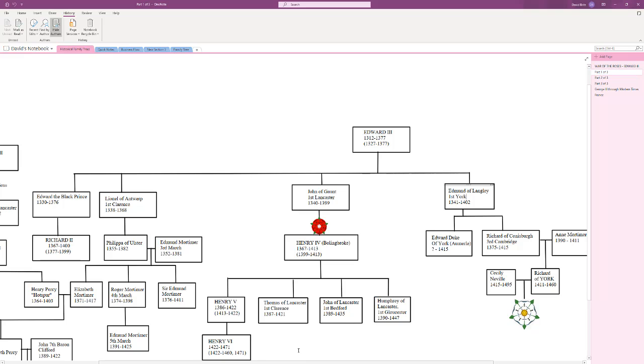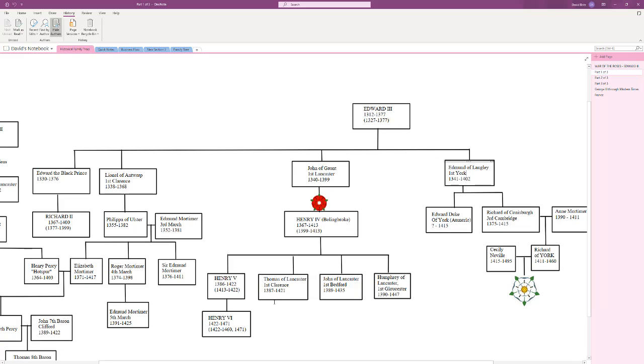Just go a little further down the family tree here. Henry IV has 4 sons, who we'll see later. Well, we'll see them in the Henry IV plays. Henry V, he's Prince Hal, is the Harry, Prince of Wales, in the Henry IV plays.